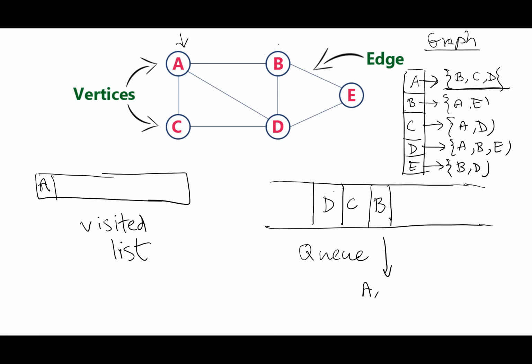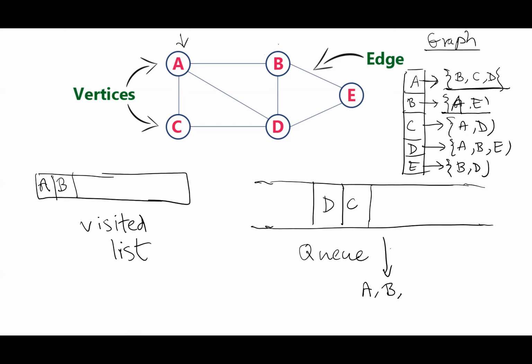Okay, so next time I'm taking B out. I'm taking B out, and I have to put B into the visited list. And then I have to go to B's neighbors and put them into the queue. But before putting A into the queue, I will check if A is already in the visited list.